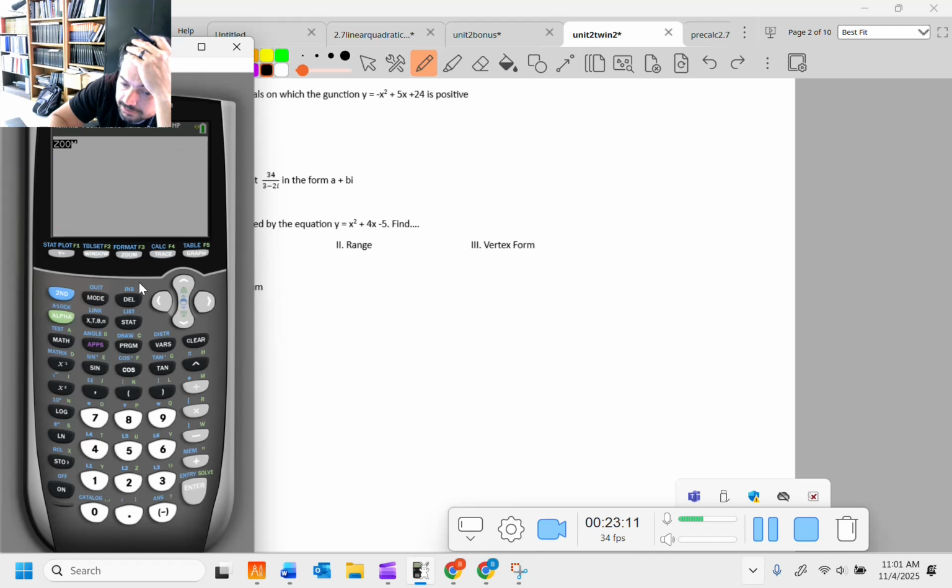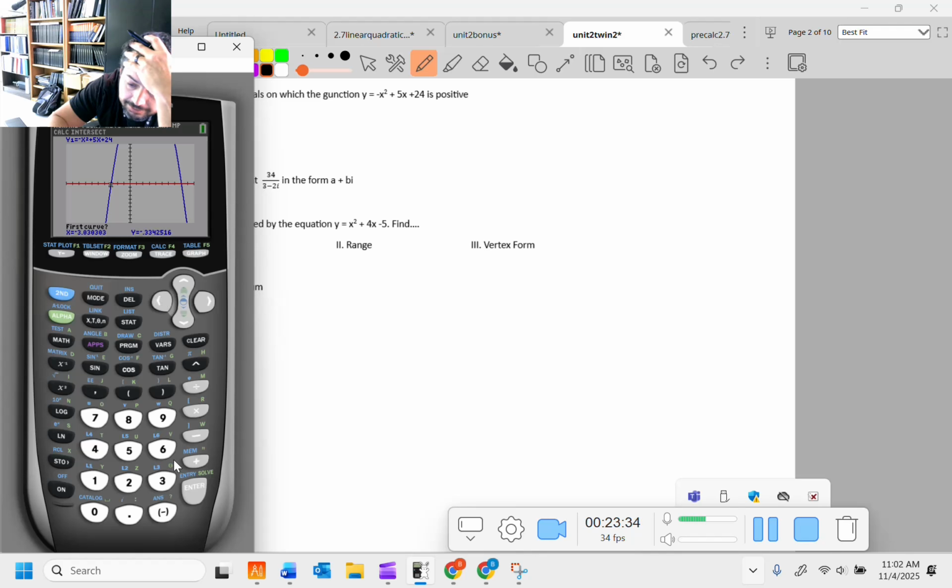And I'm going to do a zoom 6. There's a couple of different ways of finding x-intercepts on a TI-84. You can graph the line y equals 0, which is probably the best way because it helps establish the relationship between zeros and x-intercepts. So I'm going to put a 0 into y2. Second trace 5 comes up.